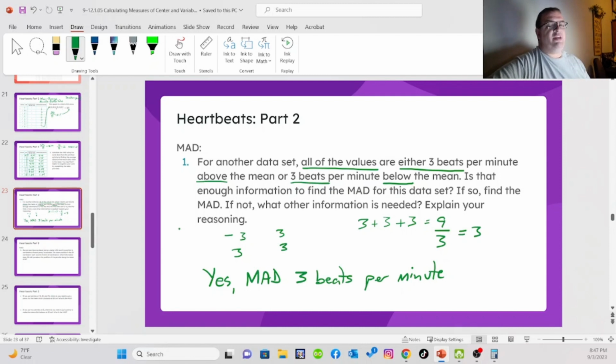So no matter how many times I add 3 plus 3, if I then divide by how many numbers there were, my answer is always going to be 3. So yes, we can still calculate the mean absolute deviation. It's going to be 3 beats per minute.